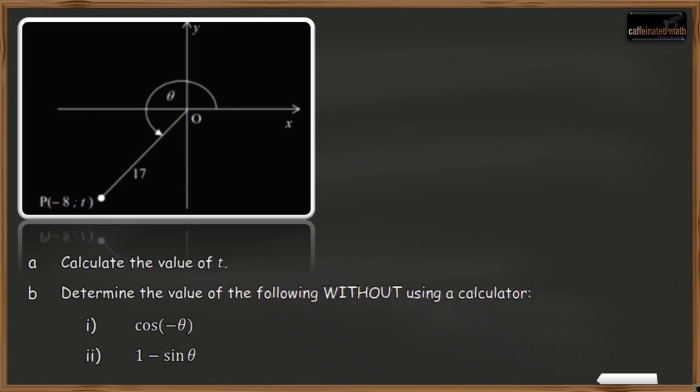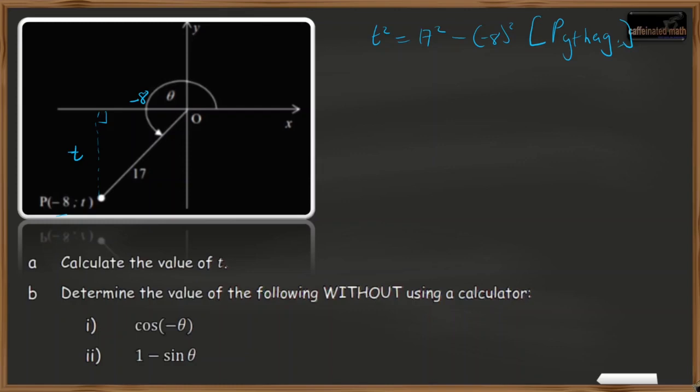Moving right along. Okay, as previously stated, just think of an altitude being dropped down. That's an x value, so that -8 we imagine to be there, and t we imagine to be there. Then of course, according to Pythagoras, t squared will be equal to 17 squared minus -8 all squared. Let's quote our dearly departed Greek Pythagoras.